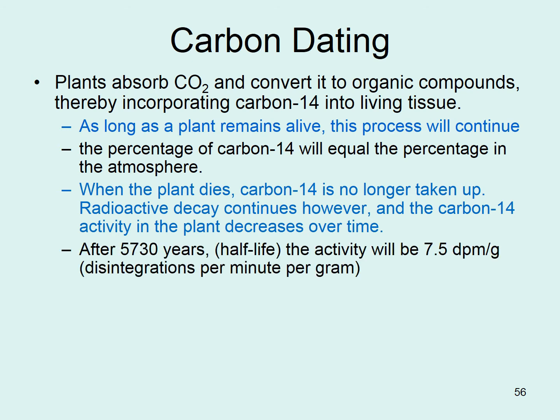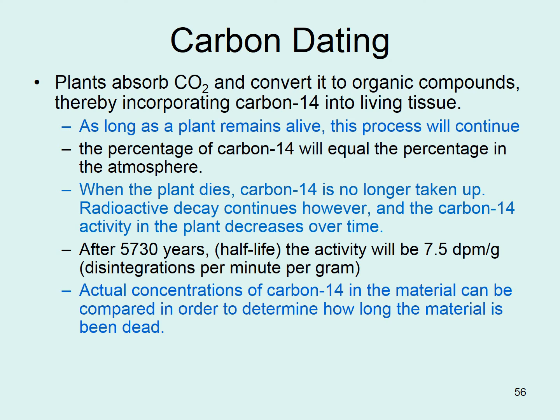So after 5,730 years, which is the half-life, half of the carbon-14 will be around, and so the activity will be 7.5 disintegrations per minute for each gram of plant. So after the half-life, you'll have half the concentration.